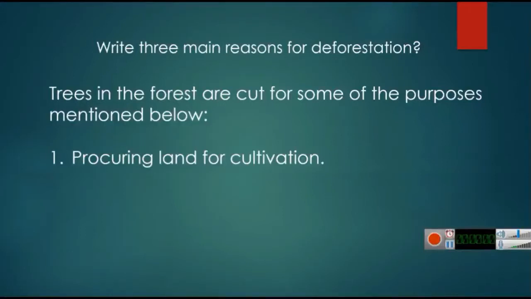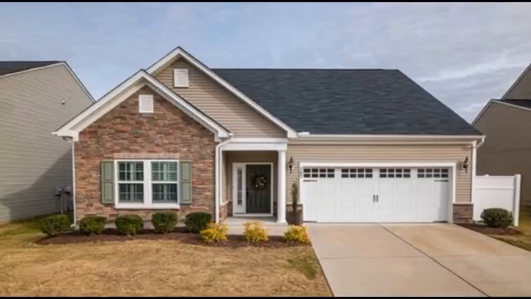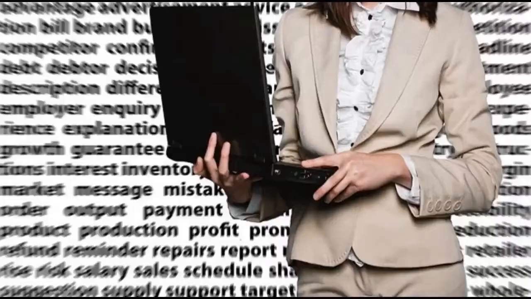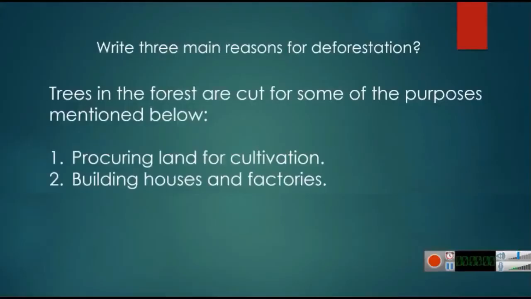Everyone wants to have a shelter. As the population grows, the land which is to be utilized for a shelter is also more. Everyone wants employment. So we need to construct institutions, factories. So the second point will be building houses and factories.